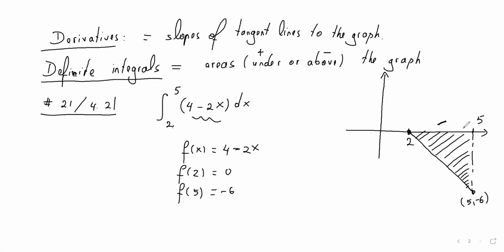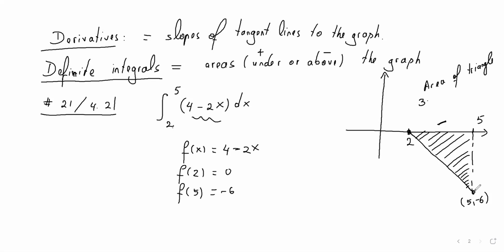What is this area, by the way? Can we calculate this area? Of course, this is a triangle, folks. So I know how to calculate the area of a triangle. The base is 3, and the height is this one. It's a triangle with a right angle, by the way.